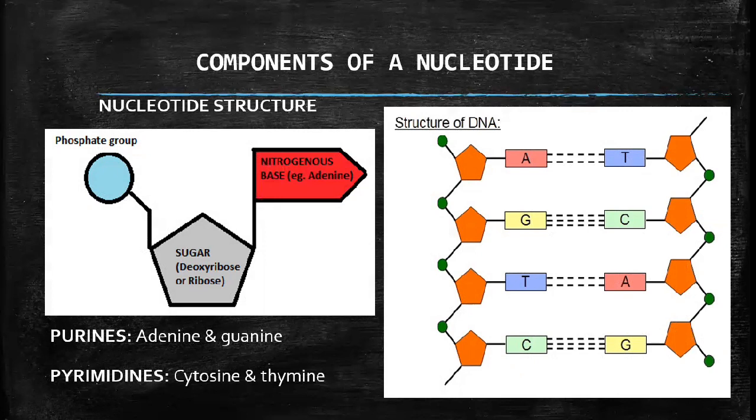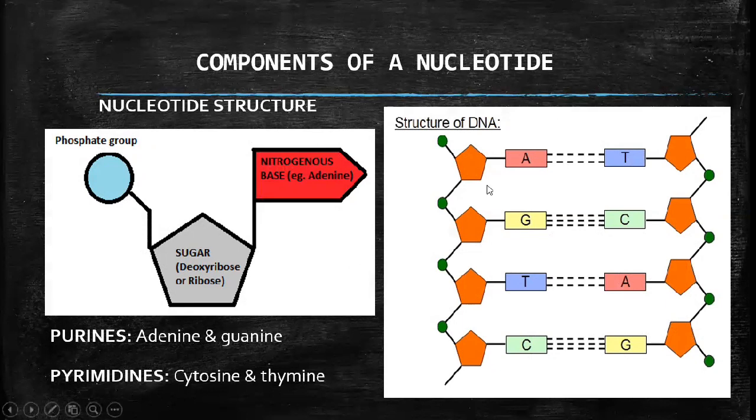Also, these nitrogenous bases are classified into 2 different classes. We have the purines, which are adenine and guanine, and then the pyrimidines, which are cytosine and thymine.